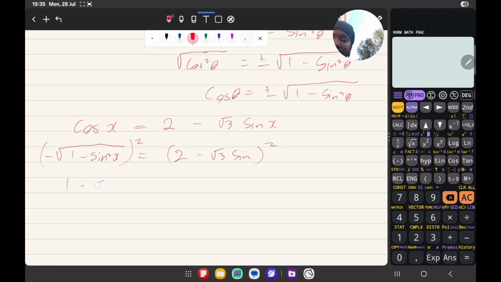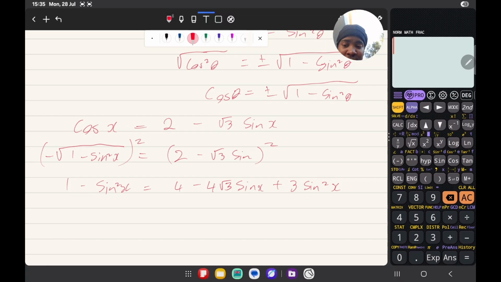So now I have 1 minus sine squared x equals, this is going to be 4, minus 4 root 3 sine x, plus 3 sine squared x.